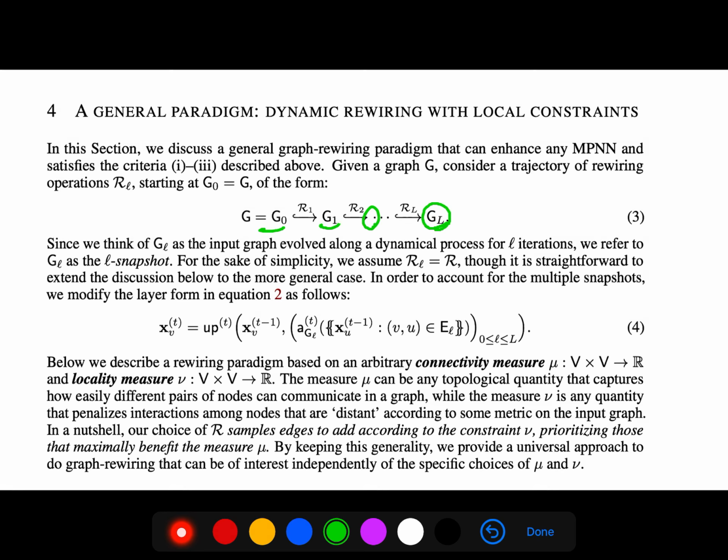Just like diffusion in computer vision, ideas of normalizing flow and diffusion that start with noise and, after many functions applied to that, it becomes an image. The same idea is here. Several times you apply the same rewiring until a graph becomes a totally different graph.